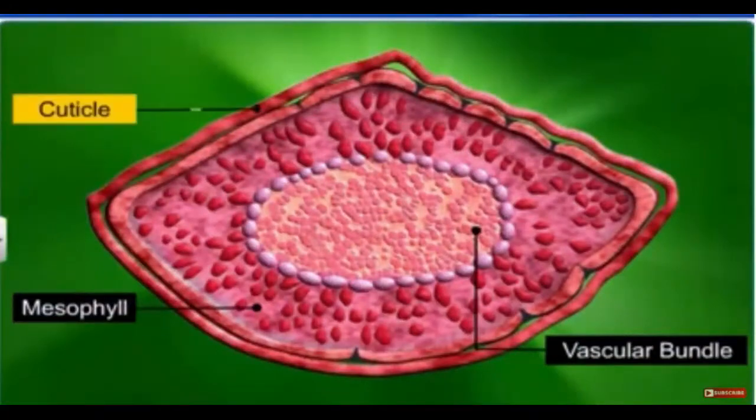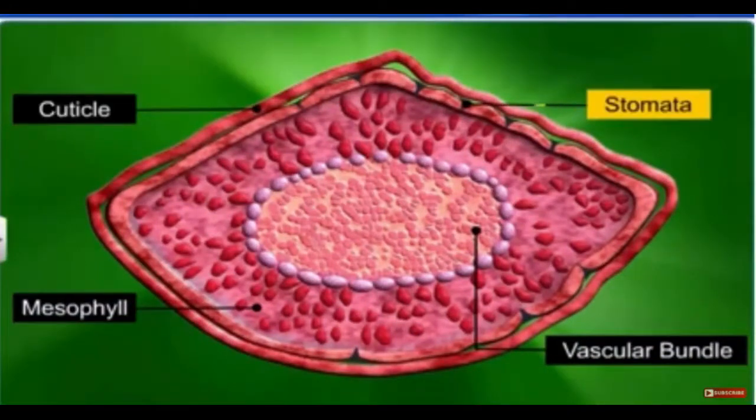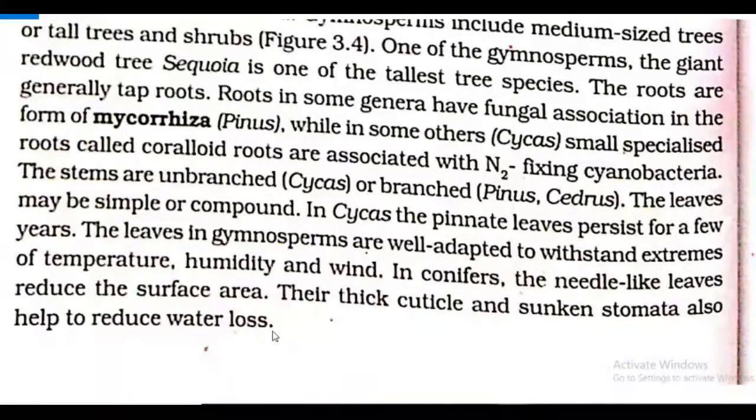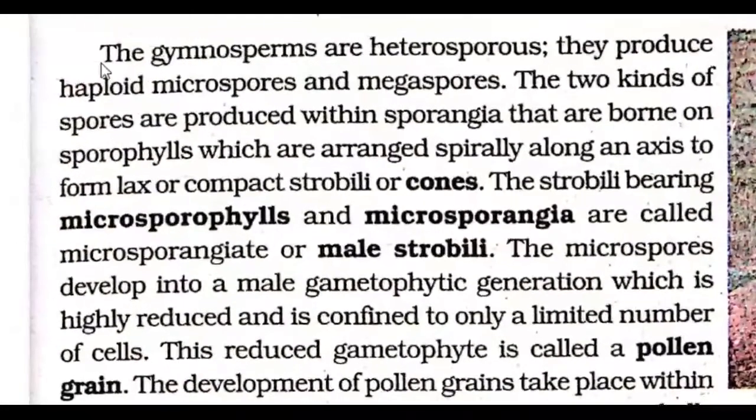Now we are going to learn about a very important topic of gymnosperms, that is heterospory. What is heterospory? The word hetero means different, and homo means same. So from that you can understand it means different types of spores. Let's see what is explained here.